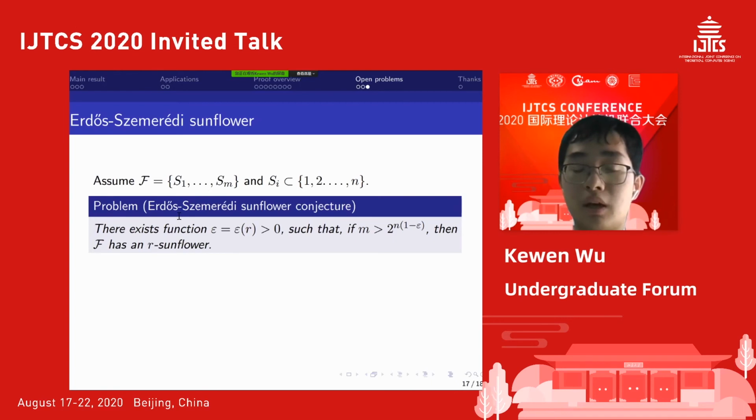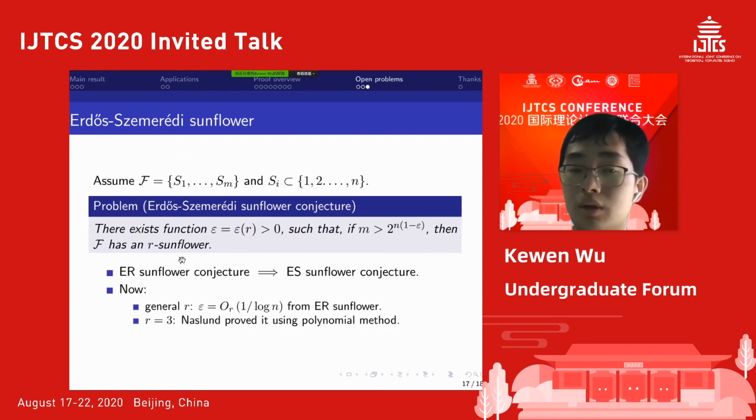And this kind of sunflower conjecture states that for any constant r, there exists some function epsilon, which only depends on r, such that if this set system F contains too many sets, that is m larger than 2 to the power of n times 1 minus epsilon, then this set system F will have an R sunflower.